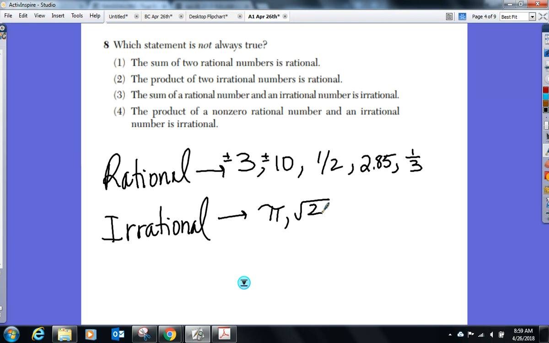That's 1 plus 1, which is 2. But that's irrational. It's asking me, when you add 2 irrationals, will you always get a rational back? So if you add any of these 2, will you always get a rational back? Yes, so that's always true, so that's not going to be it.